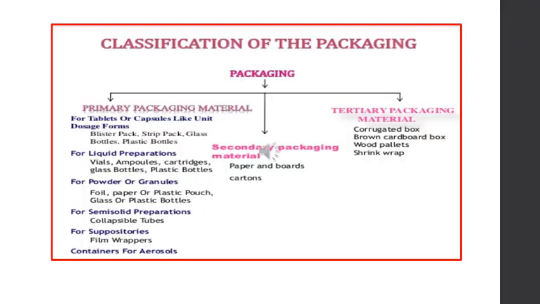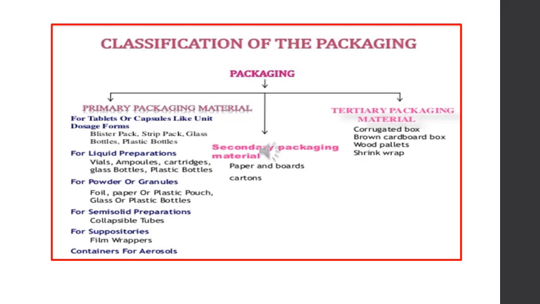Now this slide is about the classification of packaging. So we have the primary packaging material, secondary packaging material, and the tertiary packaging material. The primary packaging material will be different for different dosage forms. In the case of tablets or capsules, we have it in the form of blister, strip, glass bottles, or plastic bottles.